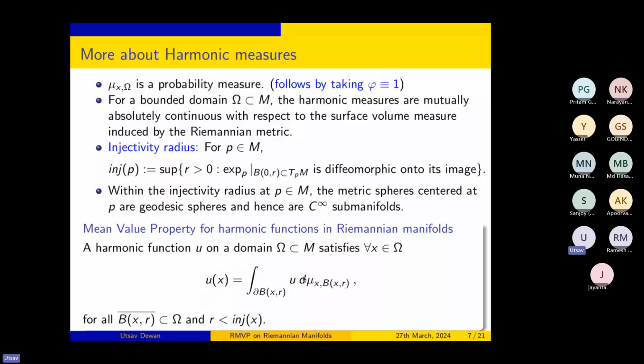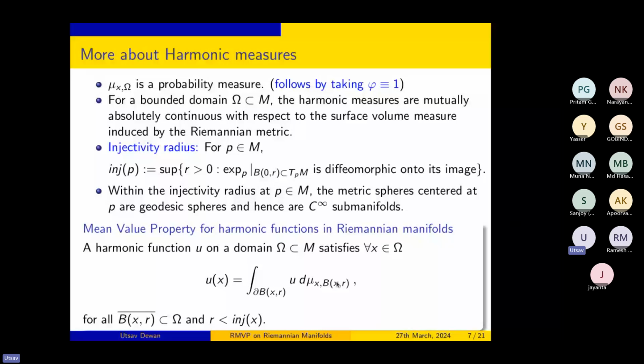Instead of the usual surface volume measure, we have the harmonic measure here, and the spheres can't be too large. Of course, the closed balls have to be contained in Ω. That's the only way it will make sense. Moreover, the radius has to be strictly smaller than the injectivity radius, because only then will the spheres be C infinity and one actually has harmonic measures. So these measures are well defined only in that sense.